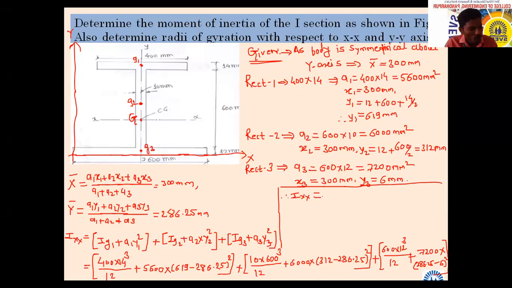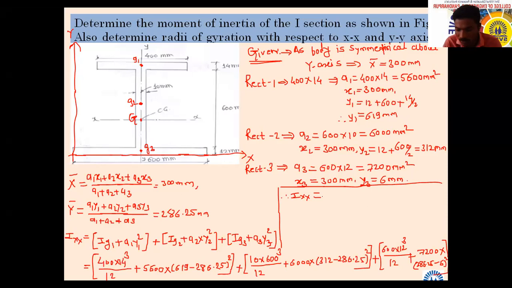Is it coming so large? Yes, sir, it is coming very large. I think it is in mm. We might have converted it into meter, etc. Can someone tell?